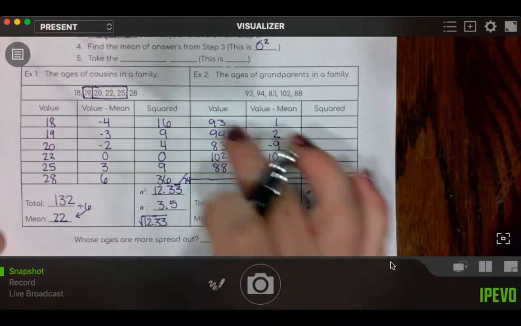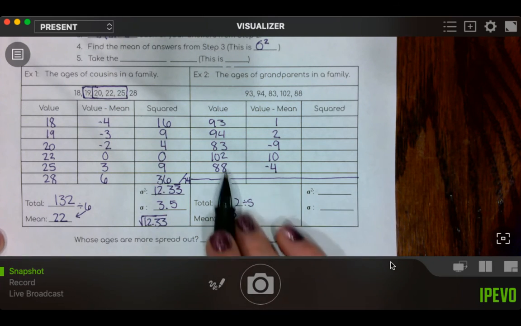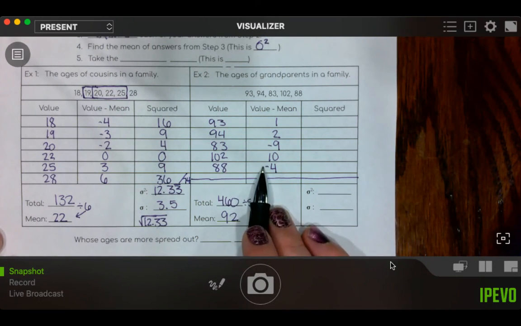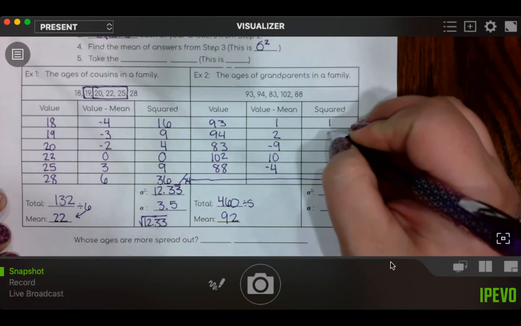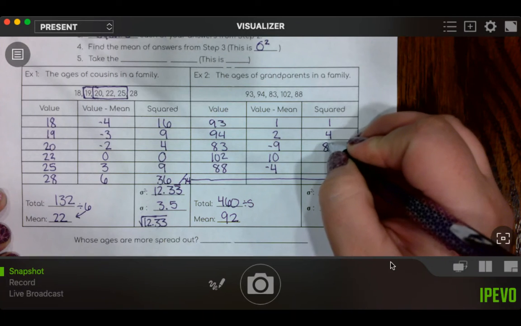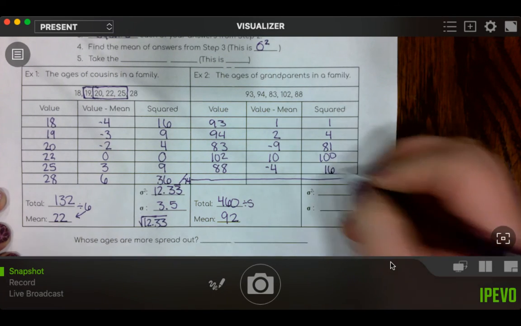So I'm just taking these numbers minus this. And you don't have to put the negatives if you're like, oh, I know these are 4 away. You don't have to put the negative on the 4. And then you square them. 1 squared is 1, 2 squared is 4, 9 squared is 81, 10 squared is 100, 4 squared is 16.